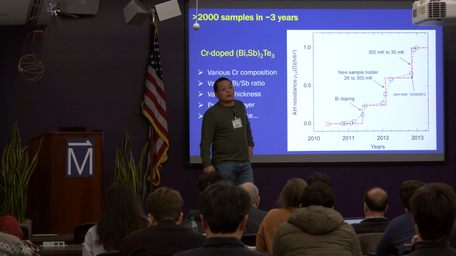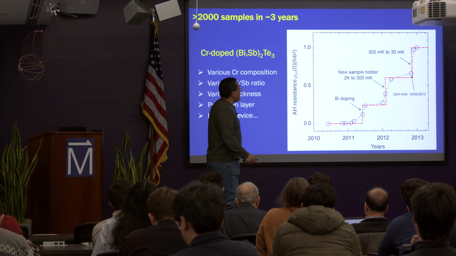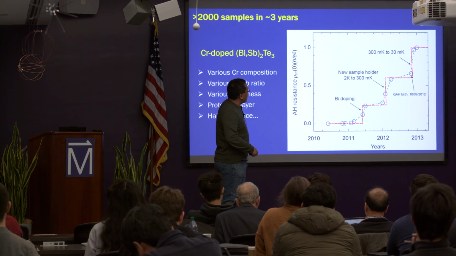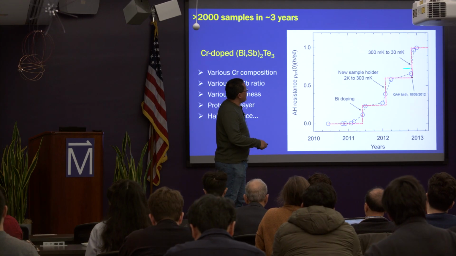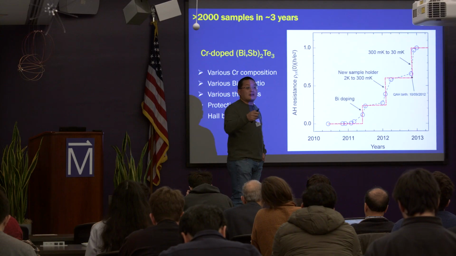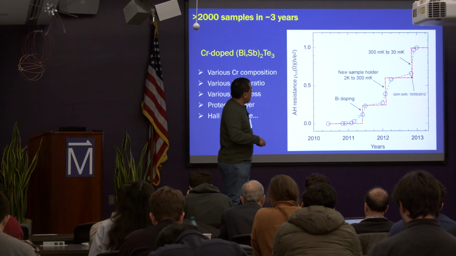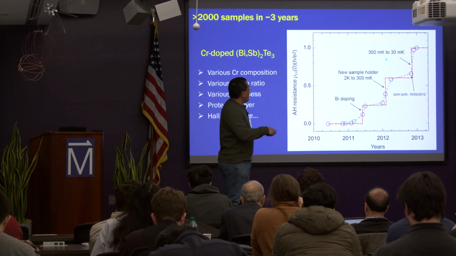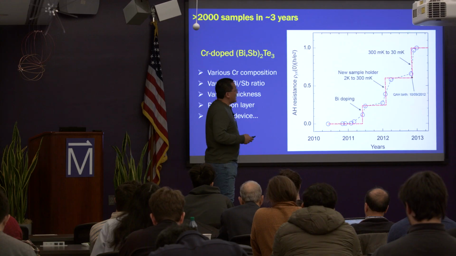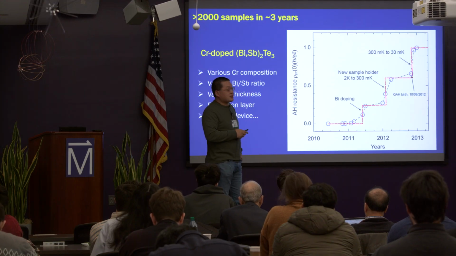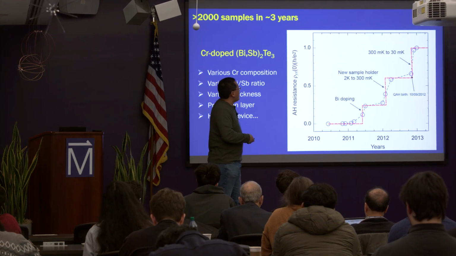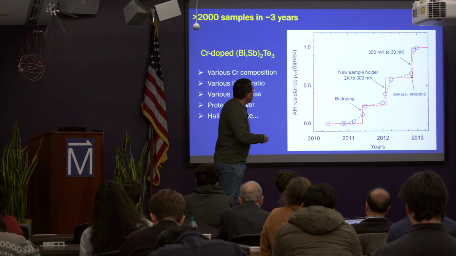We can call it the quantum Hall effect without the need of an external magnetic field. You can see it forms a plateau. I spent about 3 years to realize the quantum anomalous Hall effect in the magnetically doped topological insulator thin film.